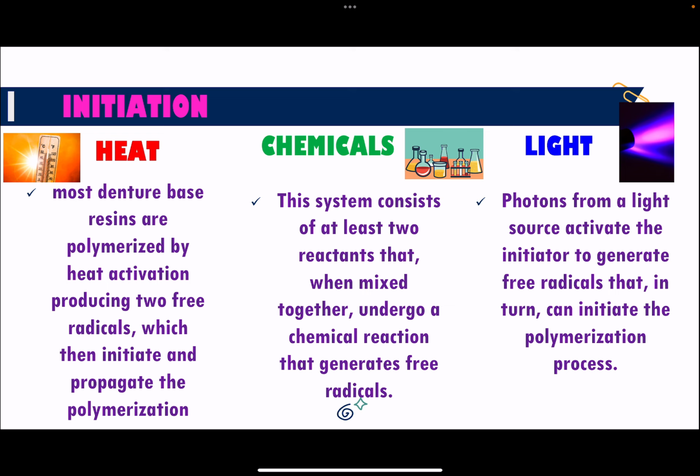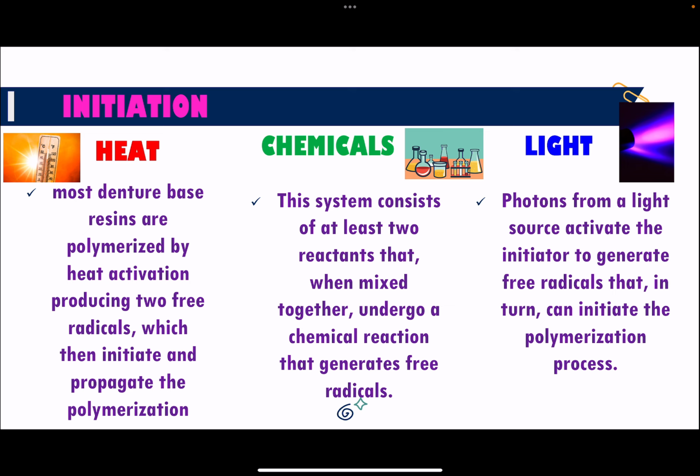Coming to initiation by heat. Most denture-based resins are polymerized by heat activation, producing two free radicals which then initiate and propagate the polymerization. Chemically activated polymer systems consist of at least two reactants that, when mixed together, undergo a chemical reaction that generates a free radical.